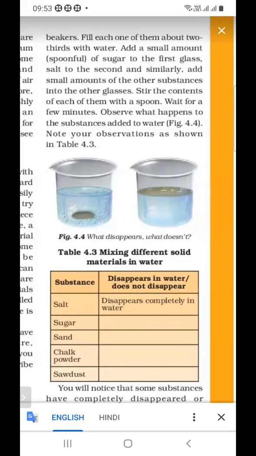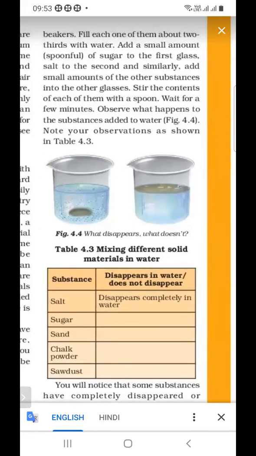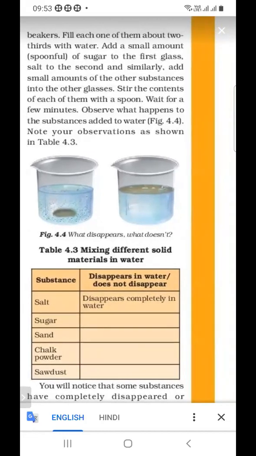So suppose in the five objects, salt and sugar completely dissolve into the water, means it is a soluble substance. And sandpaper, sand, chalk powder and sawdust do not dissolve into the water, means it is an insoluble substance. So what do you mean by soluble substance?